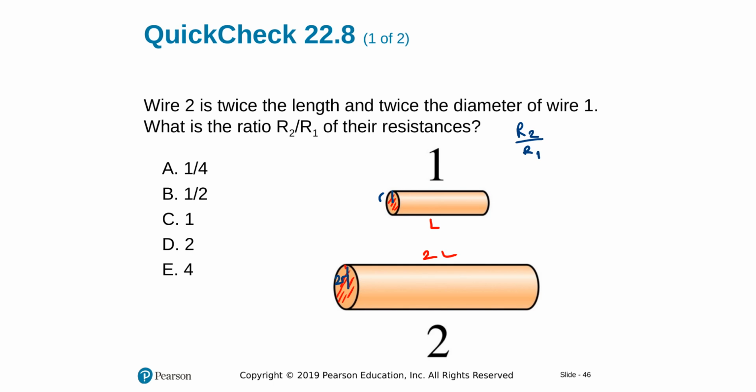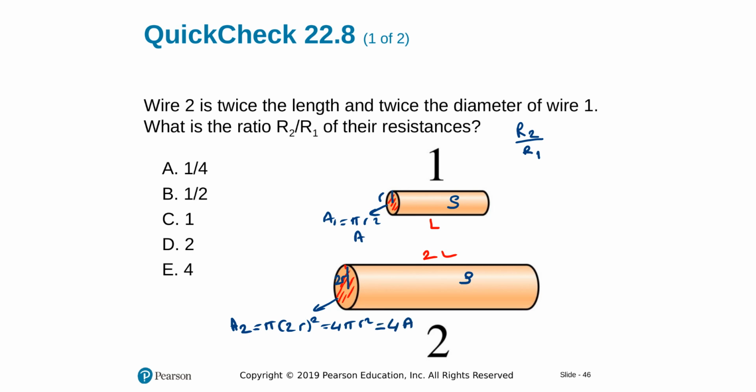If I calculate the cross-section areas, A2 will be pi times 2R squared, not pi, 2R squared, so 4 pi R squared, and A1 will be pi R squared. We already know one length is L and the other is 2L. They are the same material, so they have the same resistivity. And if I call this one A, this will be 4A.